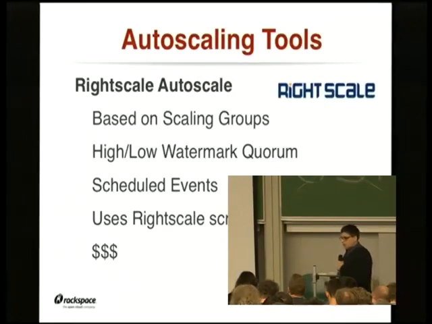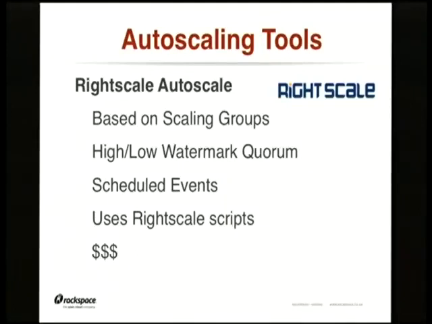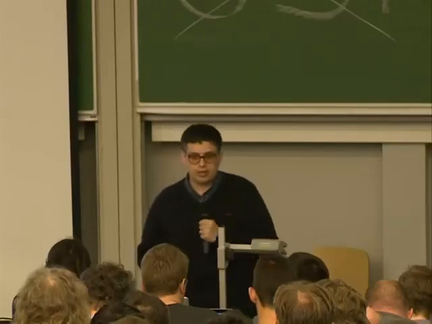The third one is RightScale. RightScale is a tool that was created in order to simplify deployments into the cloud. It was first supported by Amazon, but now it supports everything from Amazon, Rackspace, Windows Azure, and I think one other. So it supports any kind of scenario. It's also based on scaling groups, because again, that is logical.